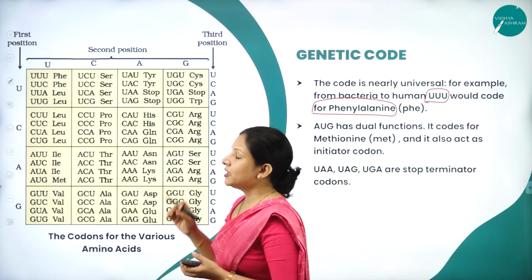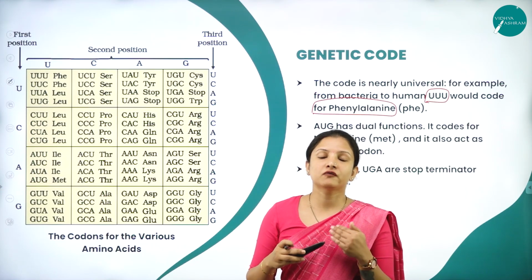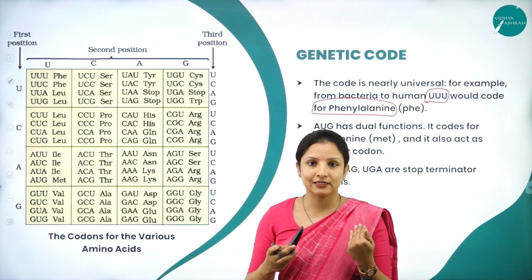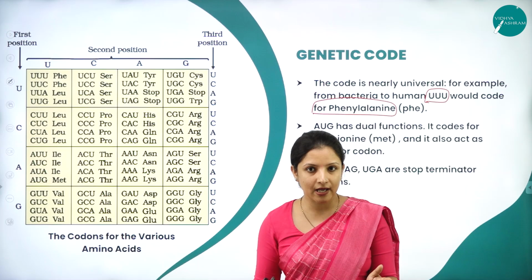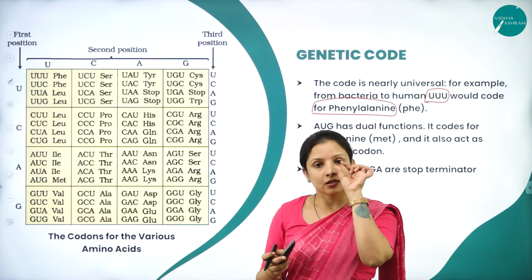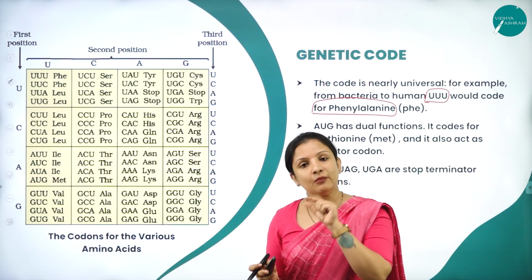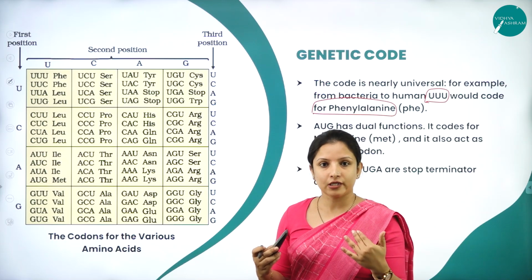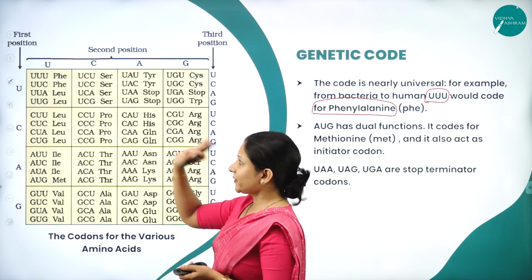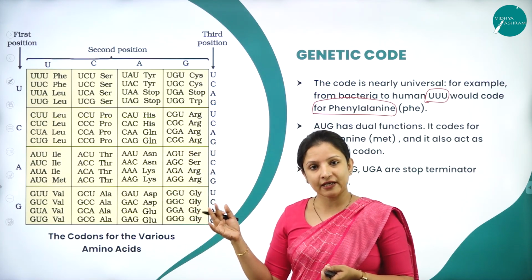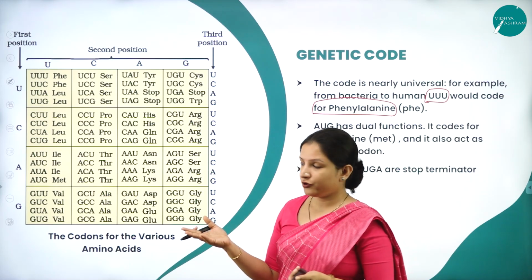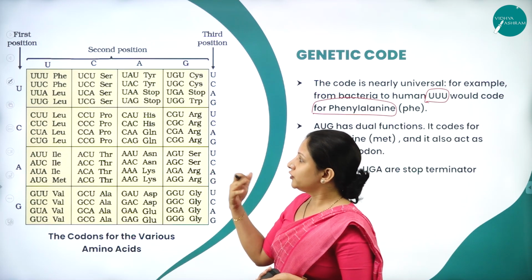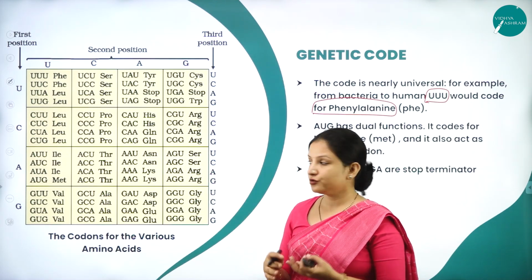So whatever, it's just that the arrangement of the genetic codes in each species of organism will vary. But the genetic code will code for the same amino acid in all the organisms. Say for example, UUU codes for phenylalanine in bacteria as well as humans. UUA codes for leucine in bacteria as well as humans.